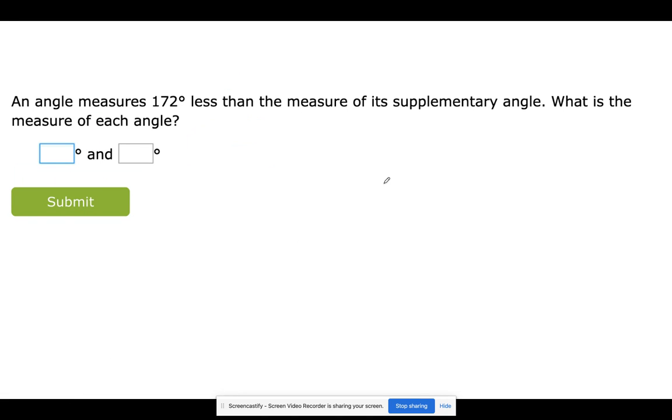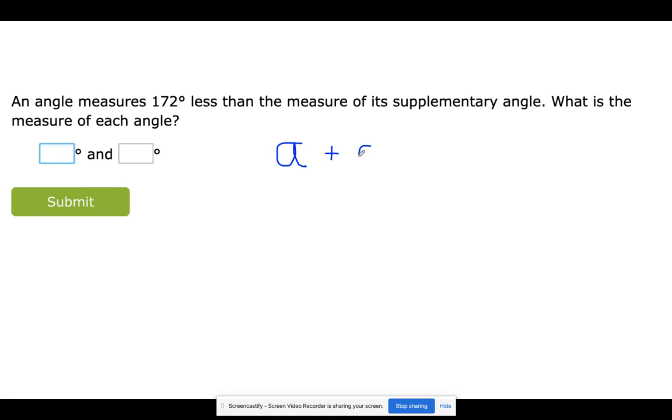Now, you might get some that are a little harder where it says an angle measures 172 degrees less than the measure of its supplementary angle. So you actually have to write an equation. What I would do is I go, all right, here's my angle measure. An angle measures 172 less than the measure of its supplement. So I'm going to take this angle measure that I don't know, and I'm going to add it to its supplement.